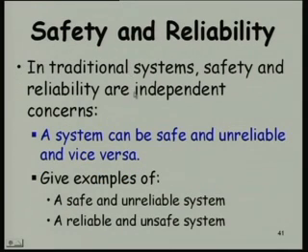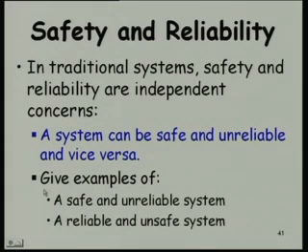In traditional systems, we can increase safety or we can increase reliability without affecting each other. And we can also have systems which are safe but unreliable, unreliable and unsafe, reliable and unsafe, and so on.